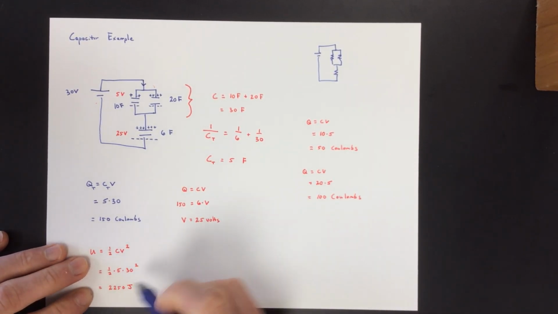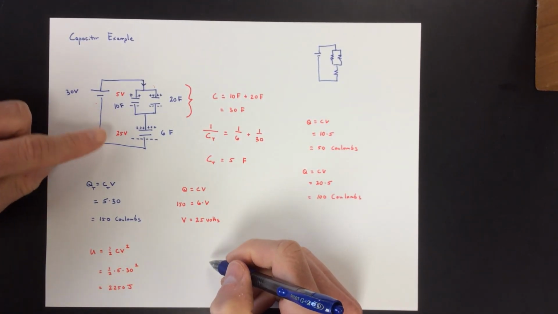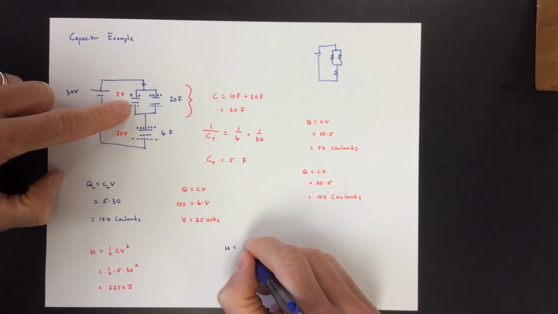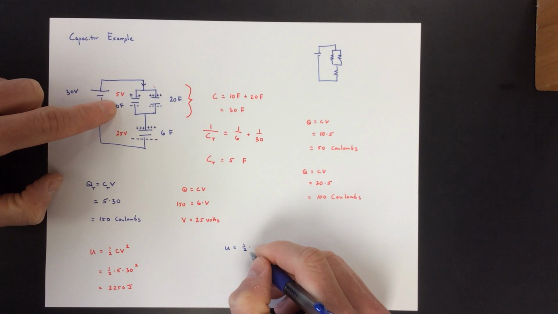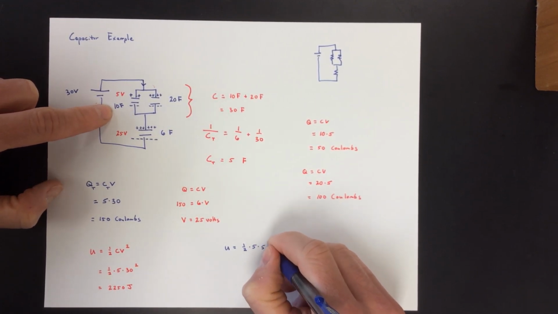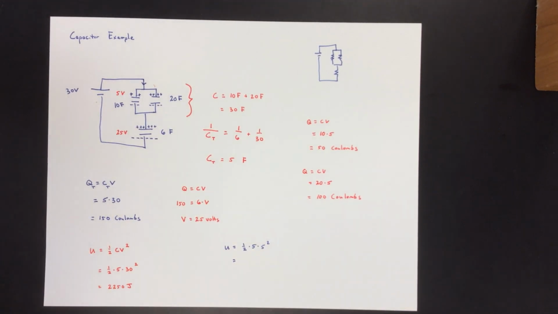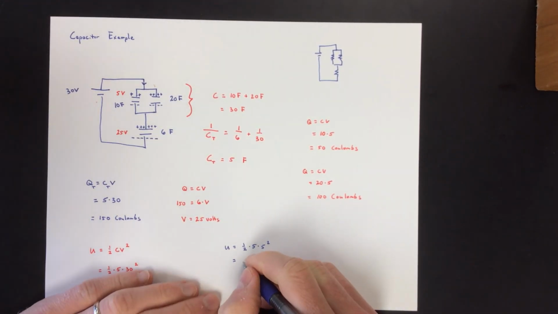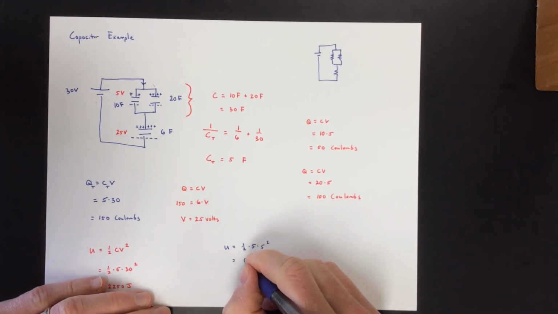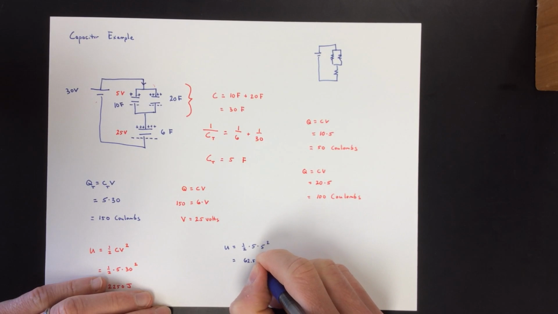And I want to show you that the total is equal to each one of those. So let's look at this one first. What's the energy in that guy? 1/2 its capacitance of 5 times its voltage squared, 5 squared, and it's not going to store much, right? So that's 125 halves, so that's 62 and a half joules.